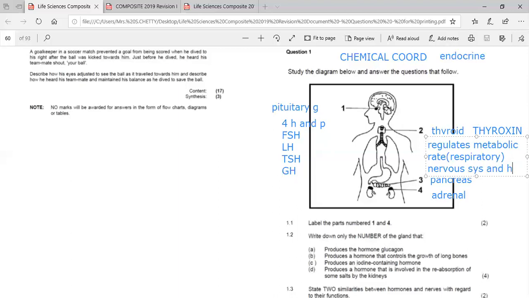And the heart, very often we tend to leave out this function, but it's also important for that. So one, it regulates your metabolic rate, and secondly, it is needed for the correct functioning of your heart and your nervous system.